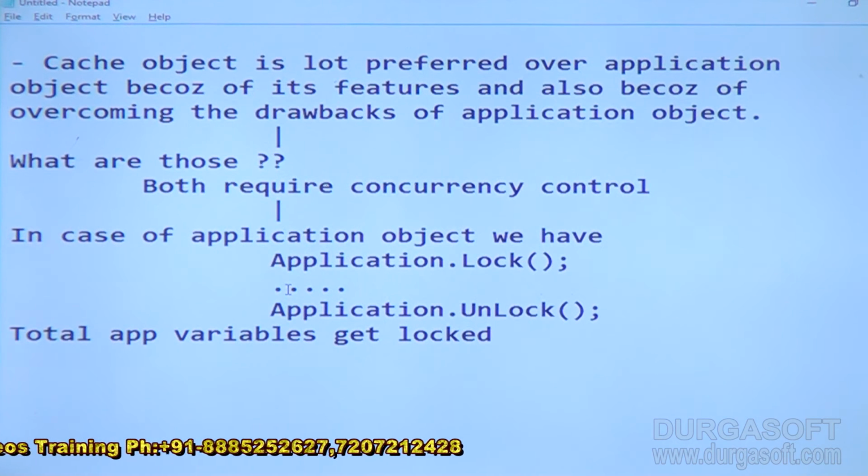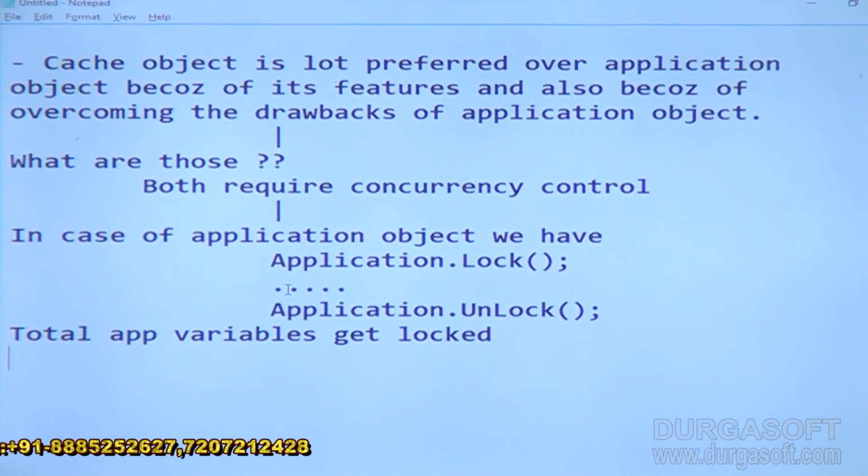Just imagine Application.Lock, and the programmer forgot to unlock. What happens? You all are waiting for that. You will never get unlocked until my server recognizes that I have not unlocked and kills that. By the time, most of you came and left.